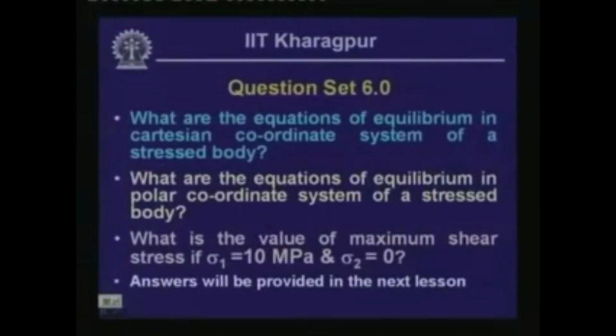Now, having looked into these aspects of stresses, let me pose some questions for you. What are the equations of equilibrium in the Cartesian coordinate system of a stressed body? What are the equations of equilibrium in the polar coordinate system of a stressed body?